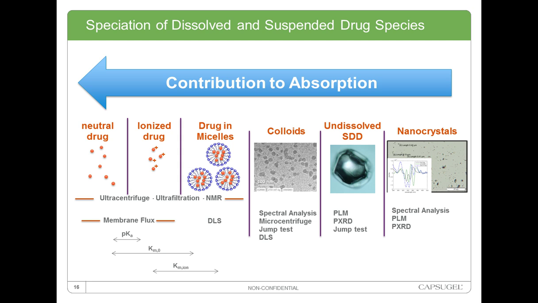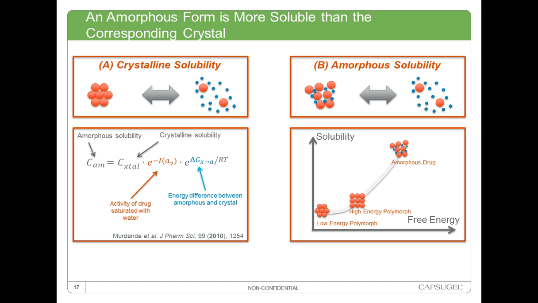In many of our dissolution tests, we measure drug colloids because they are difficult to separate or to spin out by centrifugation, so they may show up in our dissolution tests or other assays. And then we have, of course, undissolved SDD, precipitate, and maybe crystalline material if our formulation is crystallized.